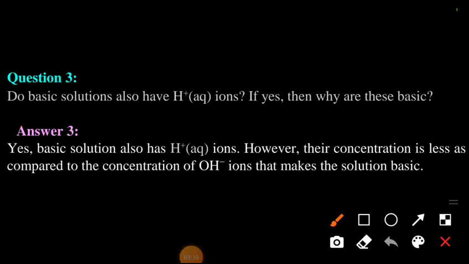Question number 3 is: do basic solutions have H+(aq) ions? If yes, then why are these basic? Yes, basic solutions also have the H+(aq) ion concentration, but here the H+ ion concentration, as compared to the hydroxide ion OH- concentration, is less, and that's why the total effect is because of hydroxide ion concentration, and that's why they are basic.